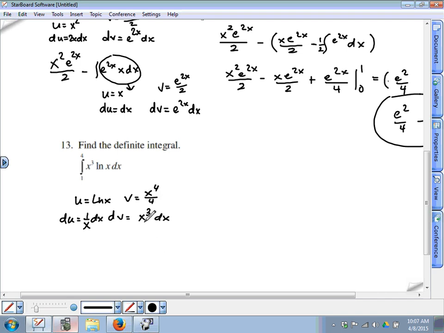So now the integral is going to be u times v, so that's x to the fourth times the natural log of x over 4 minus the integral of v. V has a 1/4 factor here, so you pull that 1/4 out, so that's x to the fourth, and then du is 1 over x dx, so that just changes into x to the third dx.